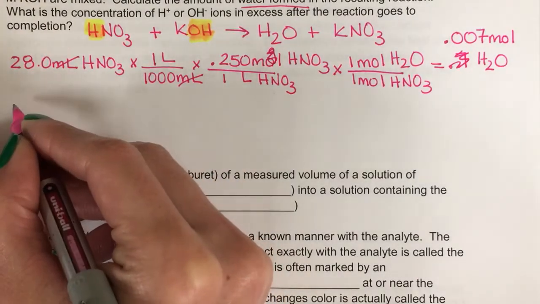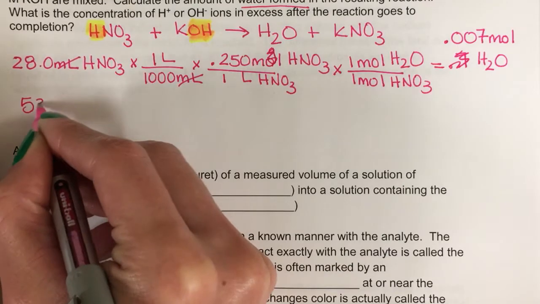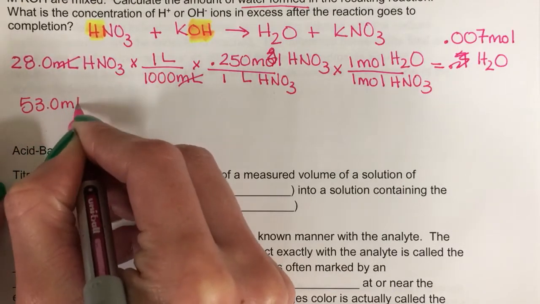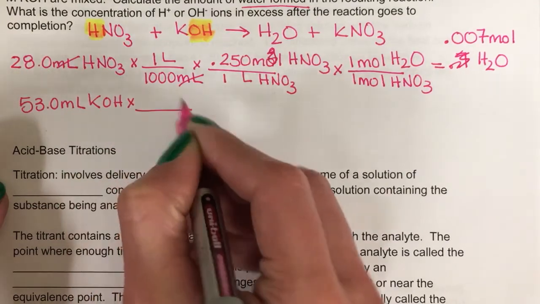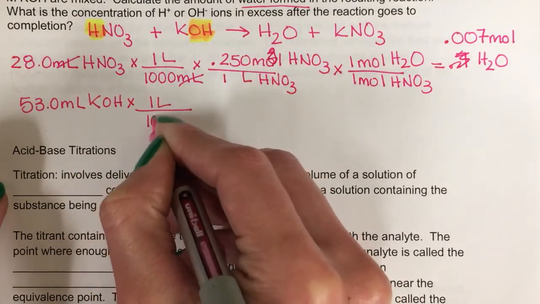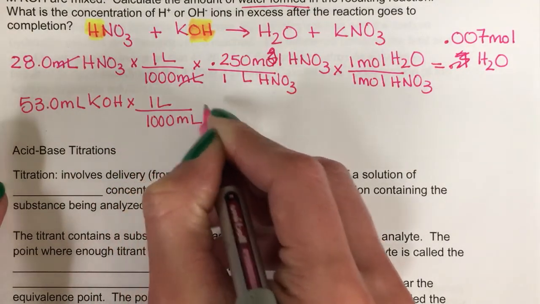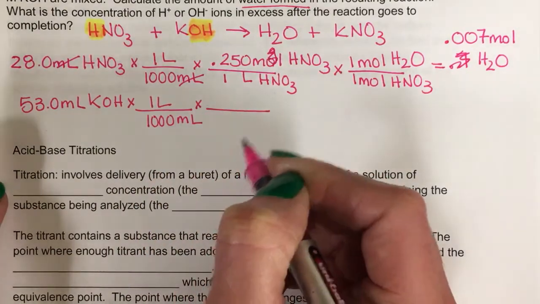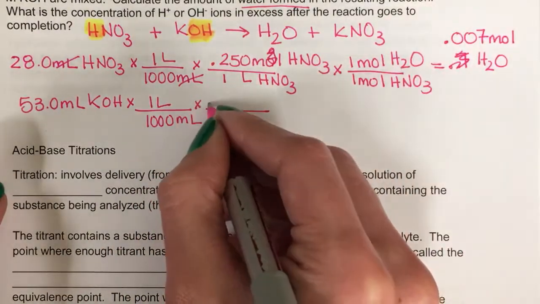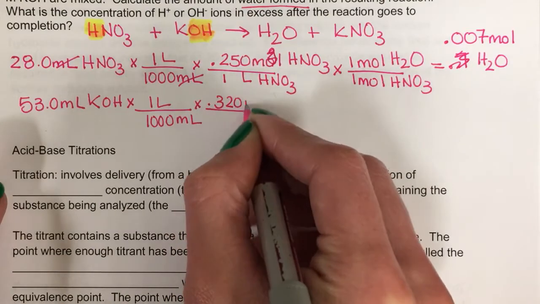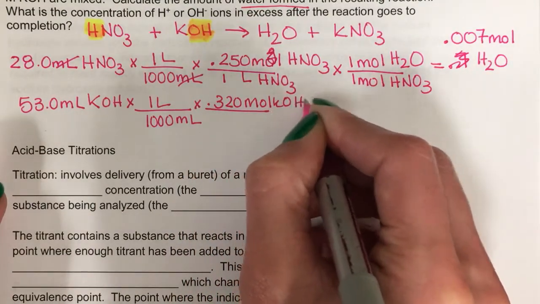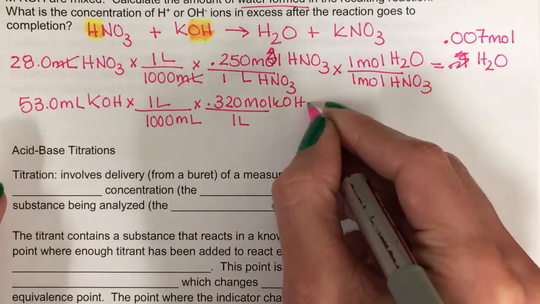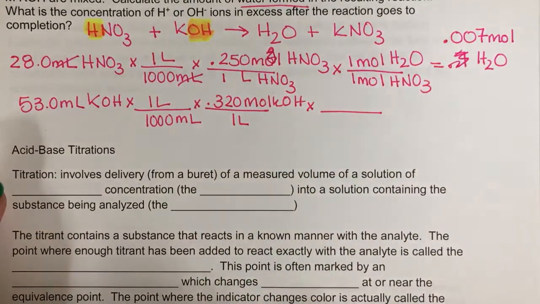So I should have had 53.0 milliliters KOH. Again, step 1, I'm changing it to liters. I know that it's 0.320 molar, so moles of KOH for every 1 liter of KOH.